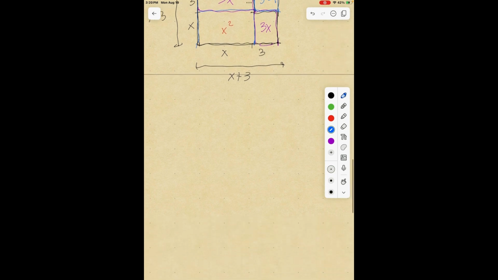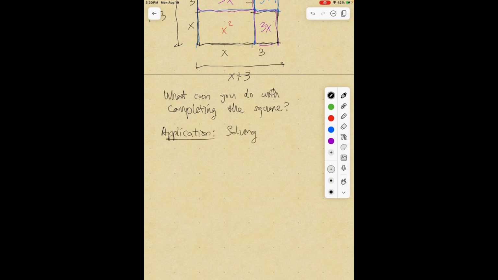Now the question is, what can you do with completing the square? And the answer is you can do a lot of things. So for instance, one application is solving quadratic equations.